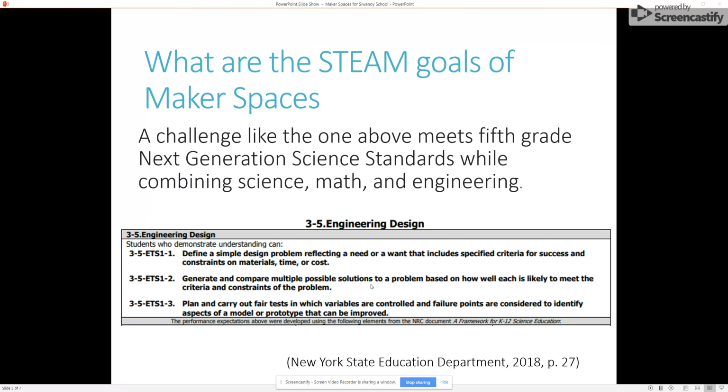But this is for the fifth grade level. We could be doing this in first, second grade, even kindergarten, where students are starting to apply these practices of engineering, recording observations, and making and testing out their own hypotheses.